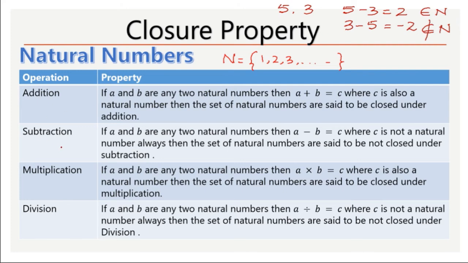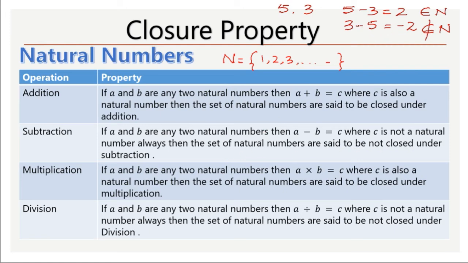So look at the statement here. If a and b are any two natural numbers, then a minus b is equal to c, where c is not always a natural number, then the set of natural numbers is said to be not closed under subtraction.